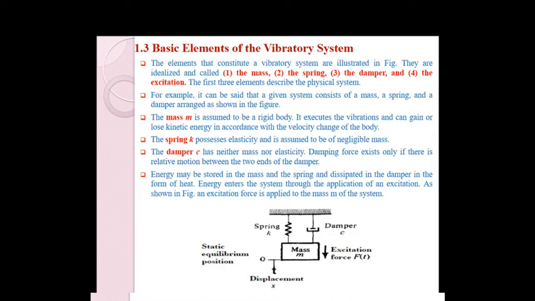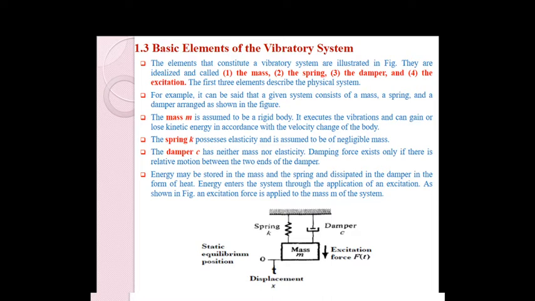Then what is the function of the spring? The spring possesses elasticity and is assumed to be of negligible mass. If the mass also had elasticity, then these two elements would both be elastic and might give a different explanation or expression. But as the mass is a rigid body and doesn't have any elasticity, the elastic component in the vibratory system is the spring only.